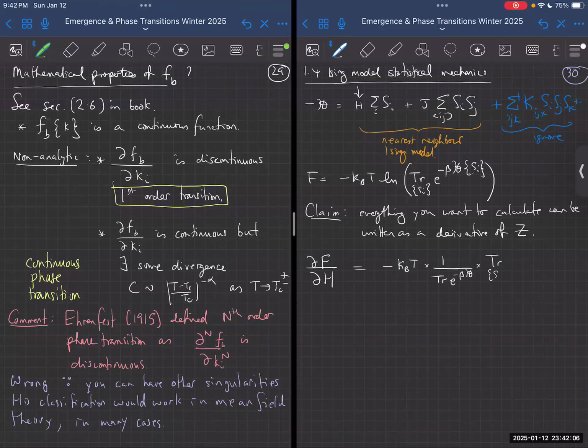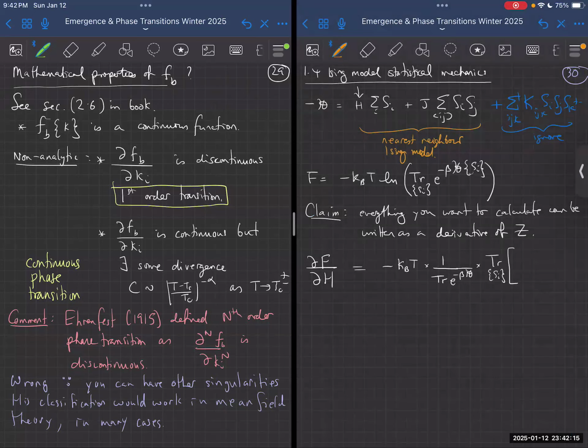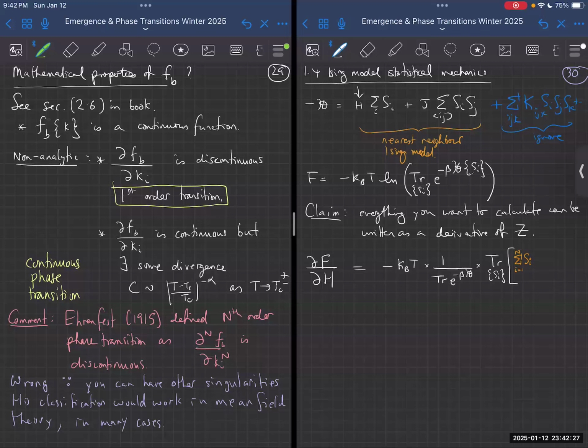So I just get the trace over s_i of the sum over i equals 1 to N of s_i, and then e to the minus beta H, like so.